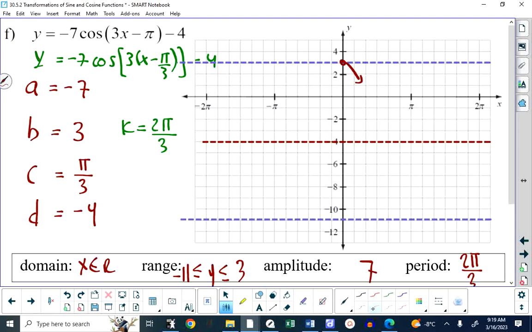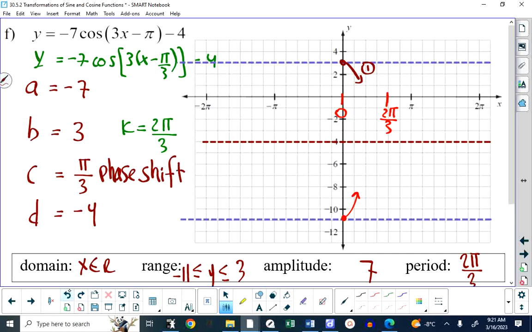But it's negative 7, which means before we shifted it up, it reflected, and that means that now it's got to start at the bottom going up. However, there's a phase shift. So normally the start point would be at the bottom going up, but because the phase shift is pi over 3, this is the phase shift.